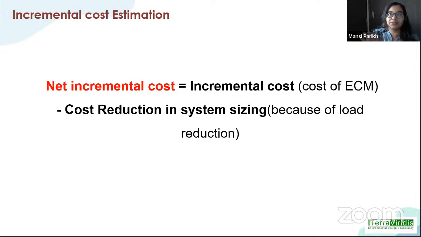Say if air conditioning cost per TR is around 2,000 to 4,000 rupees per TR for a really large space, then that would directly be proportional to the reduction in the first cost of the equipment. So net incremental cost calculated here is the incremental cost because of the ECM minus the cost reduction in the system sizing.